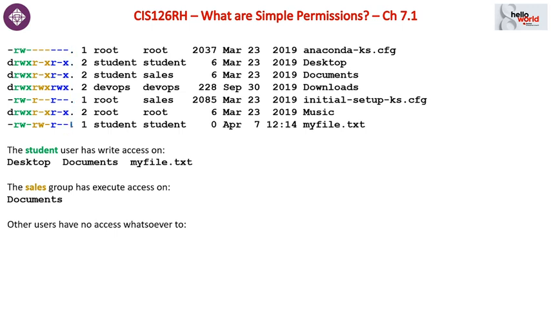These are all dots. We are going to talk about that column in the next chapter. So all I'm interested in are these blue bits, and it says no access whatsoever. So no access whatsoever is dash dash dash. So all I'm looking for is dash dash dash. This is the only one, which means that this is the file, there you go.